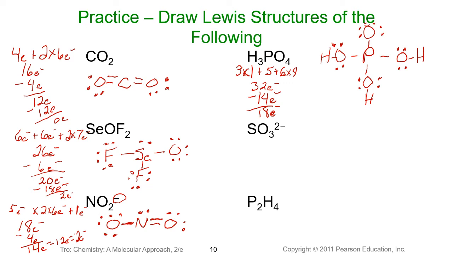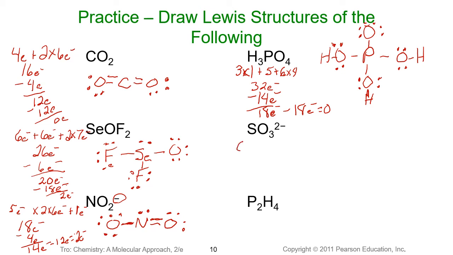So we've got 6 on the oxygen without the hydrogen. That uses all 18 electrons. We have none left. If we inspect our octets, each one of our oxygen has an octet between the bonds that are drawn and our lone pairs, and our phosphorus has an octet. Our hydrogen only has 2, but hydrogen only wants 2. So this would be the Lewis structure for our phosphoric acid.